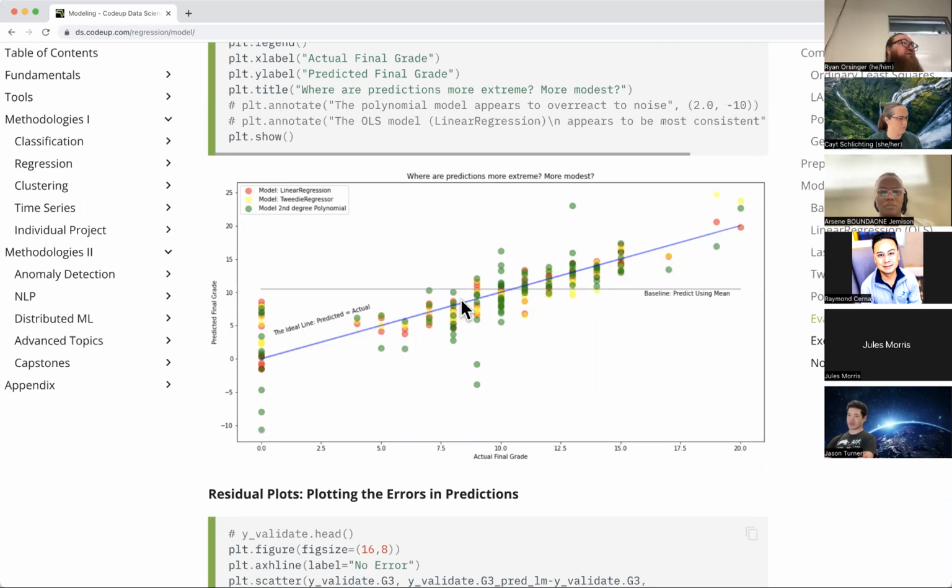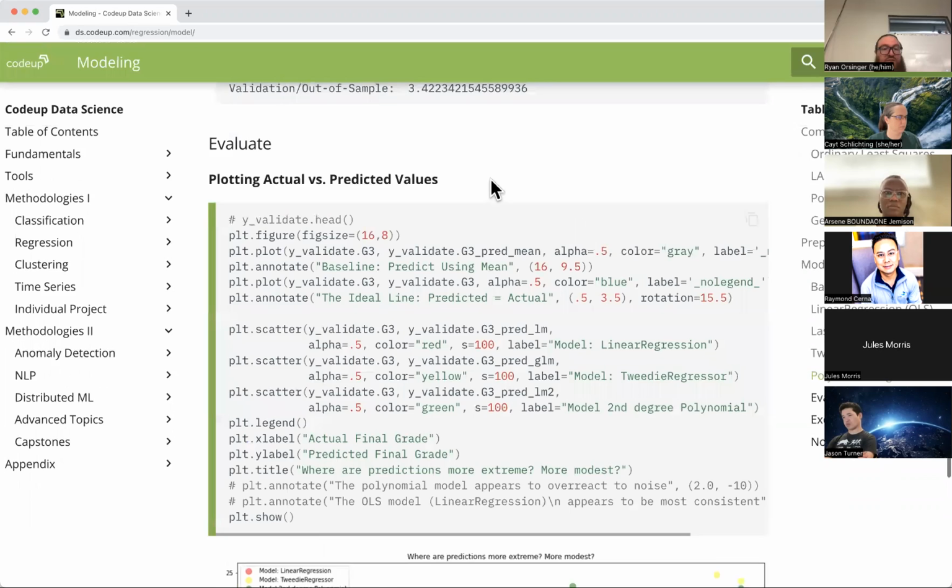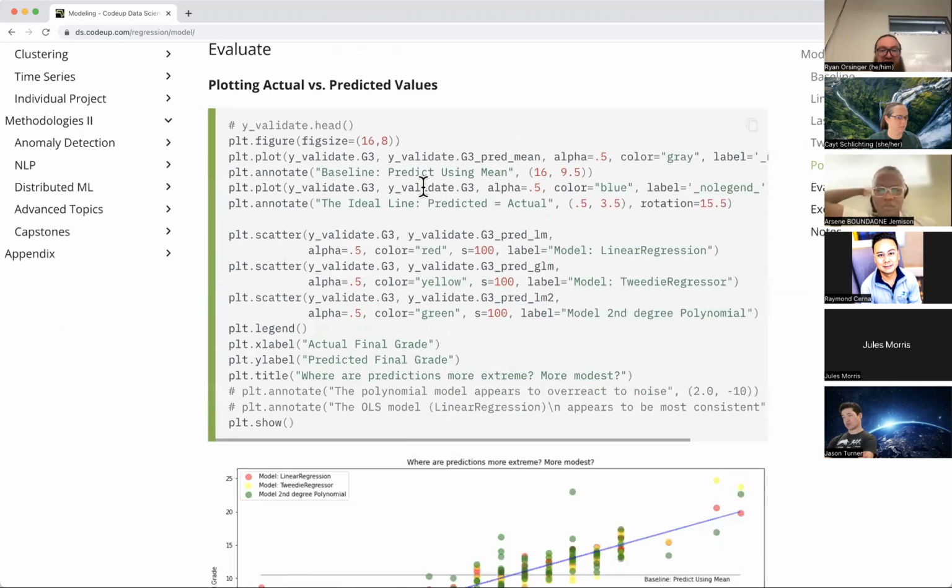That tells us that model is pretty good. I'm noticing, maybe it's just my eyes, but it seems there's a little bit more green closer in, and a bit more red and yellow further out, which kind of tracks with our polynomial doing reasonably well here, actually, even on that sample.